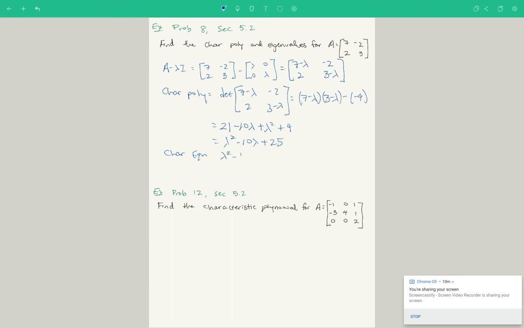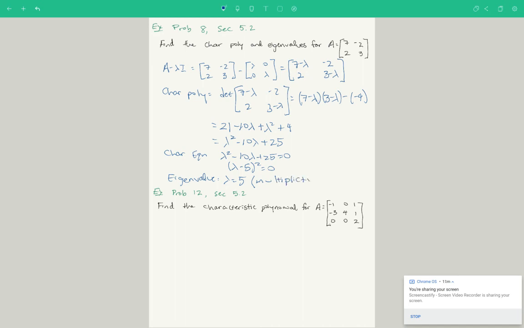So we've got lambda squared minus 10 lambda plus 25 equals 0, and this is just lambda minus 5 squared. So we only have one eigenvalue in this case. Our one eigenvalue is lambda equals 5. But this eigenvalue, because of the squared, it shows up twice. So we say that this has a multiplicity of 2.